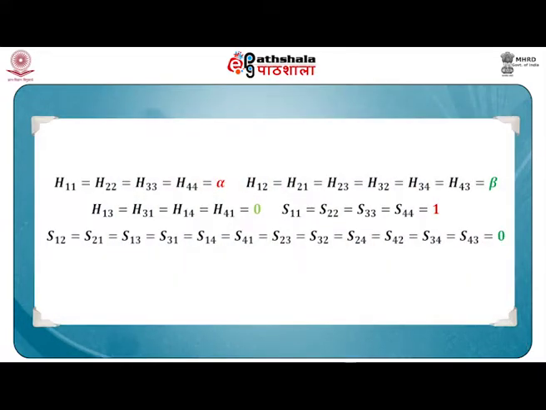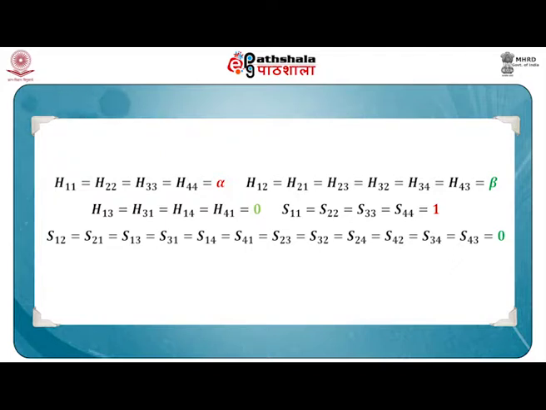So you can see here that H11, H22, H33, H44 all will be equal to alpha, which is the Coulomb integral. Similarly, H12, H21, H23, H32, H34, H43, all these will be equal to beta, which is the resonance integral. For all other Hij, which are not directly connected to each other, those values will be taken to be 0.